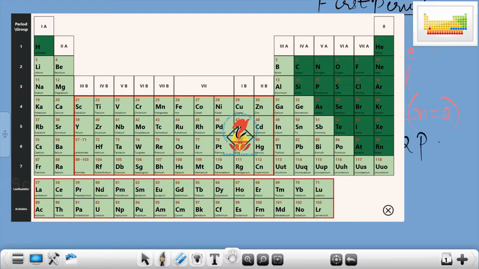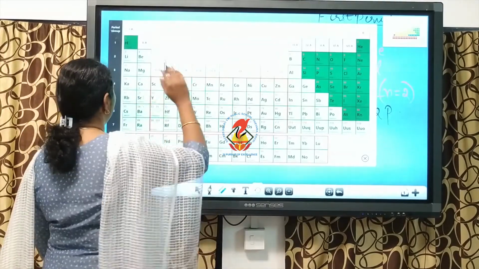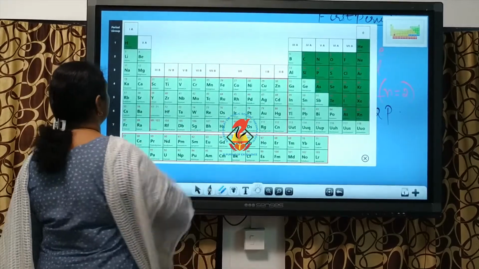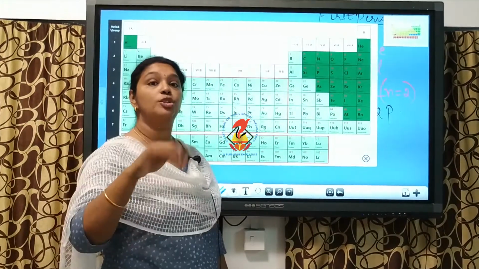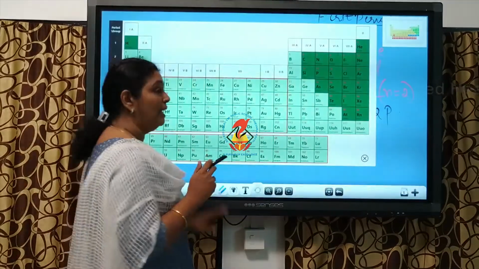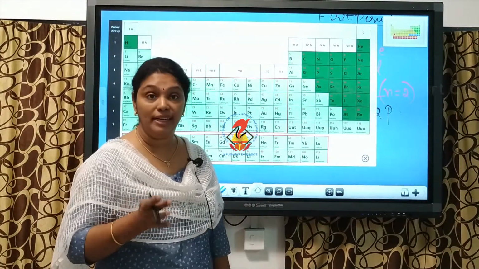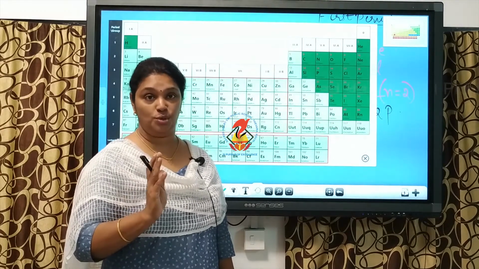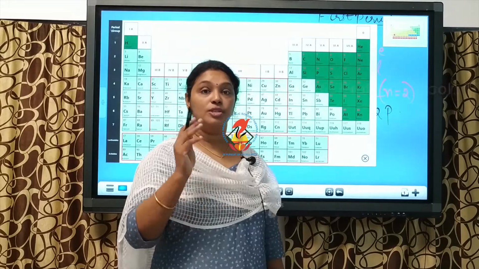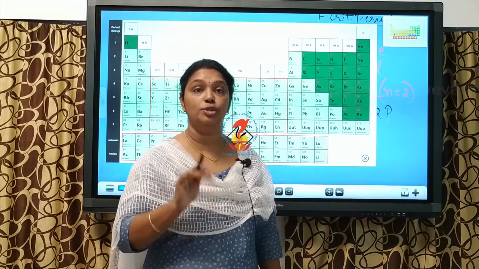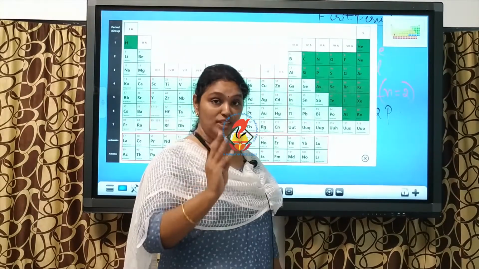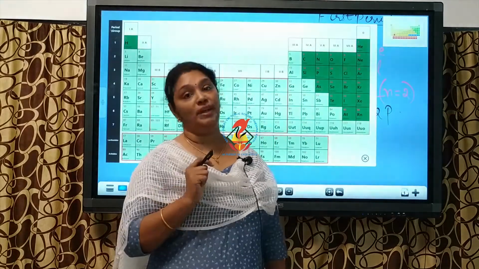Total 8 elements. You can see after 1s gets filled with helium, lithium has atomic number 3 and the 2s orbital starts filling with lithium. Then the next element is beryllium, and 2s gets completely filled; it is 2s2. Next we have boron with atomic number 5, so the next electron will enter the 2p orbital. The configuration of boron is 1s2, 2s2, 2p1.